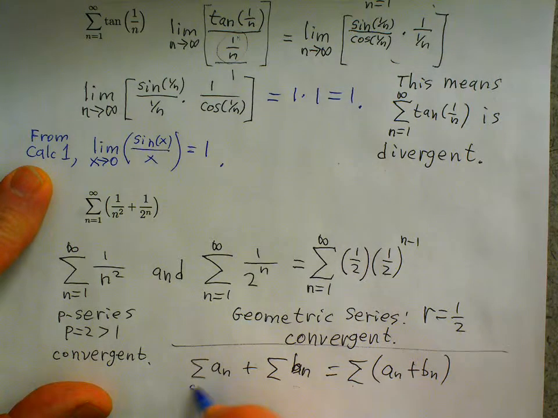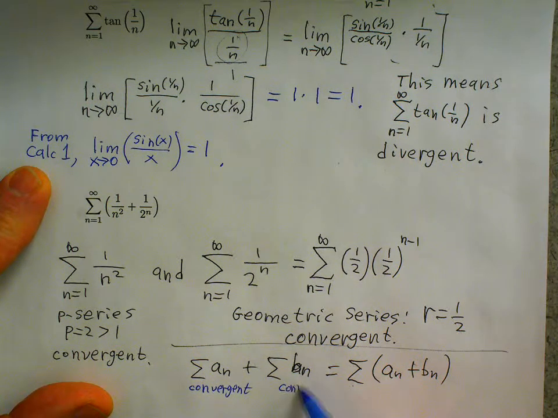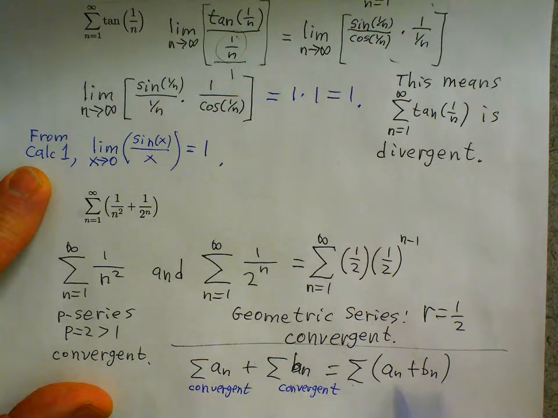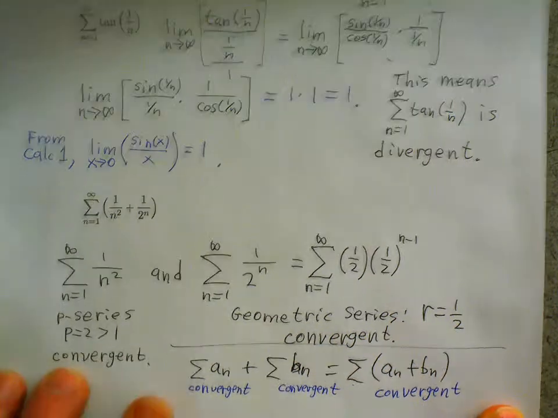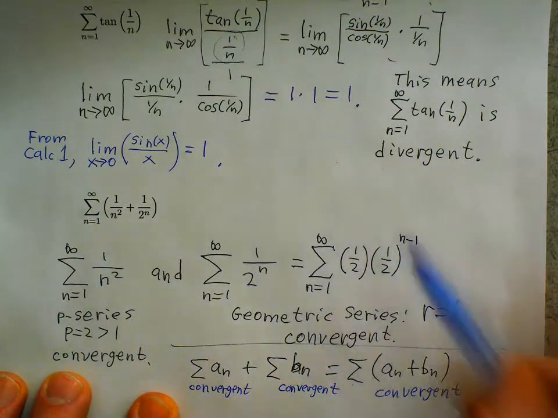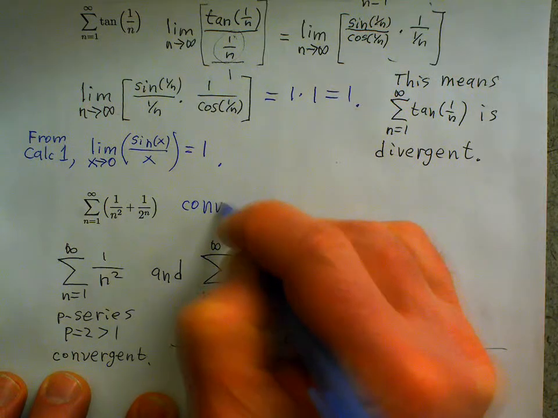So if this is convergent, and we add it to another series that's convergent, then we can write it as a single series if we add the terms, and we'll still have a convergent series. So that's what we have here. So it's convergent.